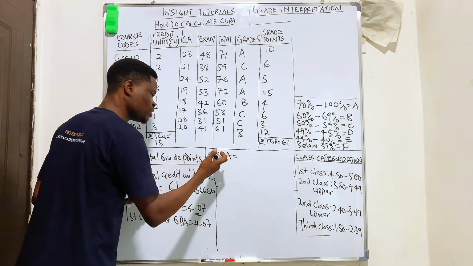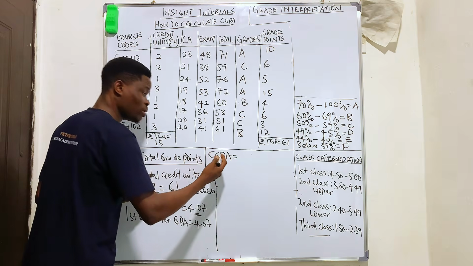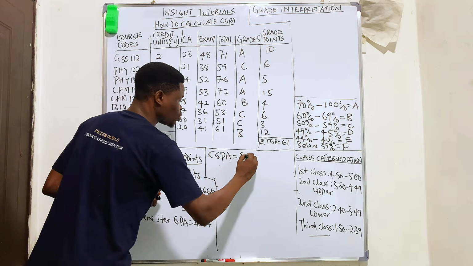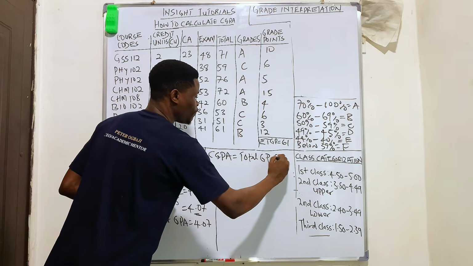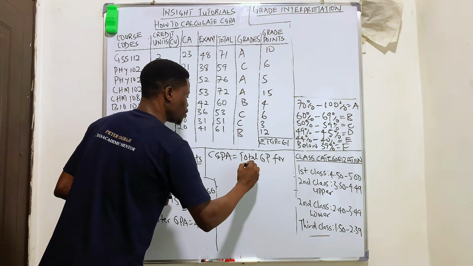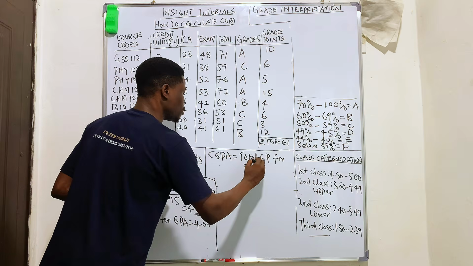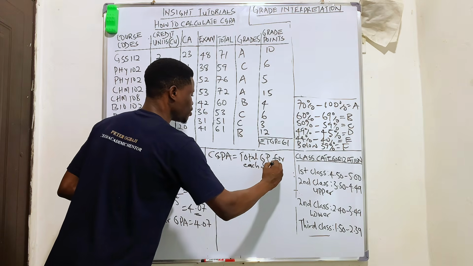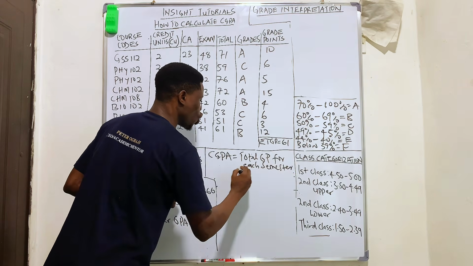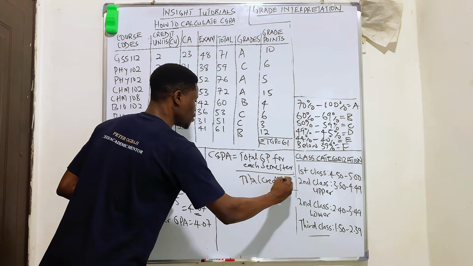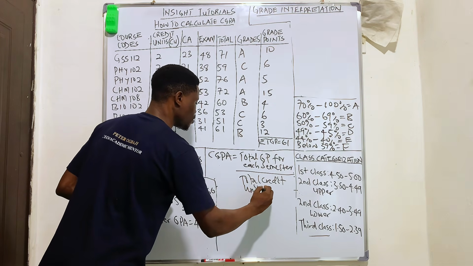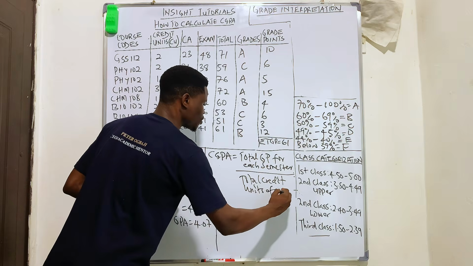The cumulative grade point average is the total grade points for each semester all over the total credit units of semesters.